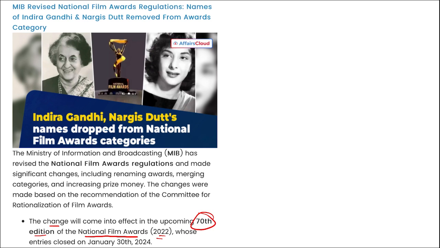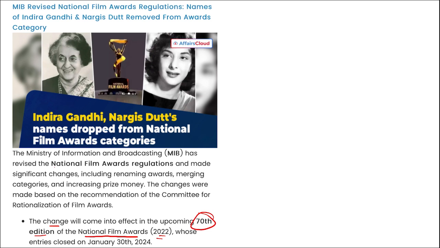Then remember, Indira Gandhi Award for Best Film Debut of a Director has been renamed to Best Debut Film of a Director. Correct? Then Nargis Dutt Award for Best Feature Film on National Integration has been clubbed with Best Film on Social Issue and Best Film on Environment Conservation.